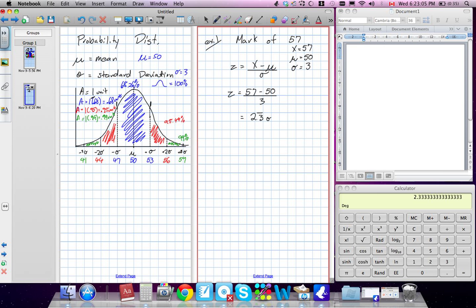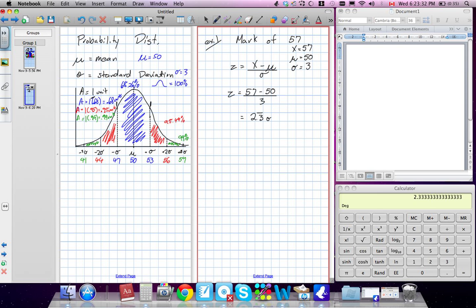Okay. So, from the information we got, our mark of 57 is our x value. So our x value is 57. Our mean we knew was 50. And our standard deviation was 3, I believe. I just gotta go double check that. Yeah, our standard deviation was the number 3. Okay, so when we go to apply it, we're trying to find the z-score for this.